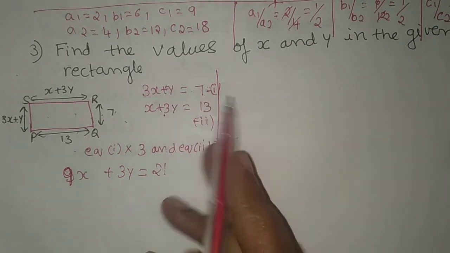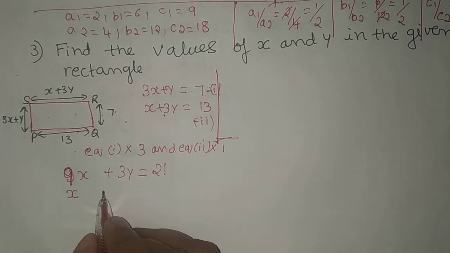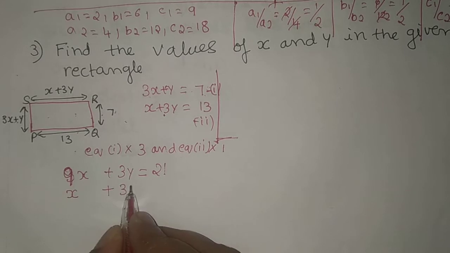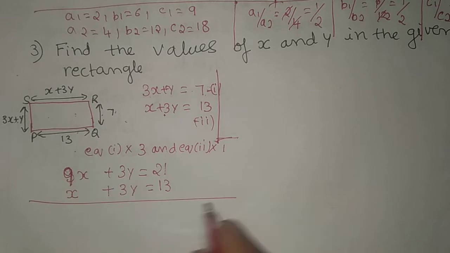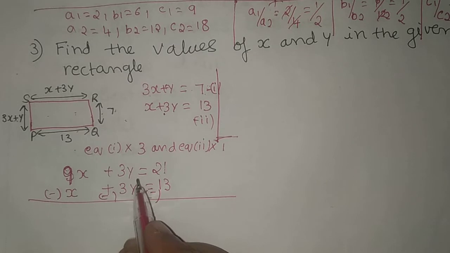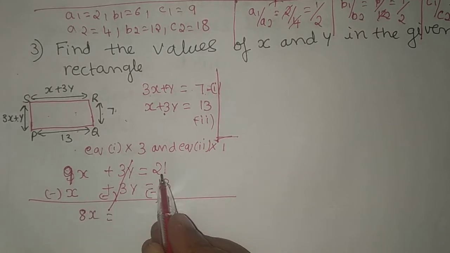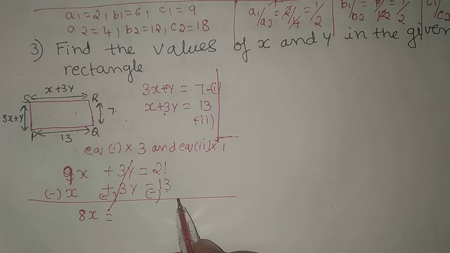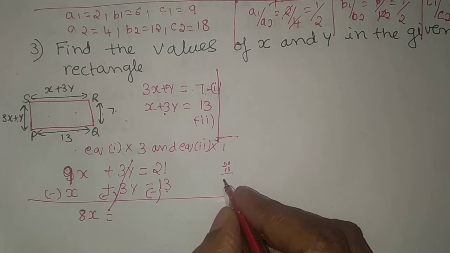Keep the second equation as it is, x plus 3y is equal to 13. Now we subtract. The 3y gets eliminated, then 9x minus x becomes 8x, which is equal to 21 minus 13, which is 8.